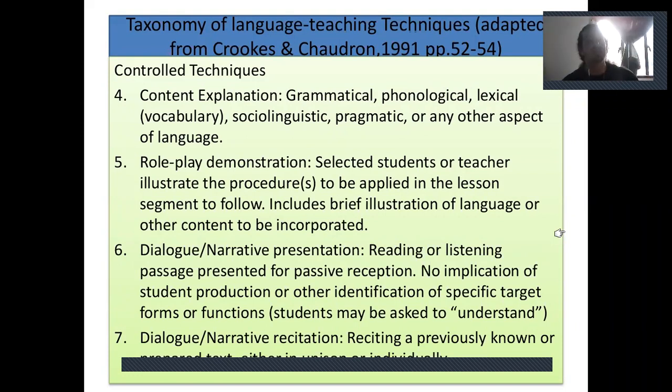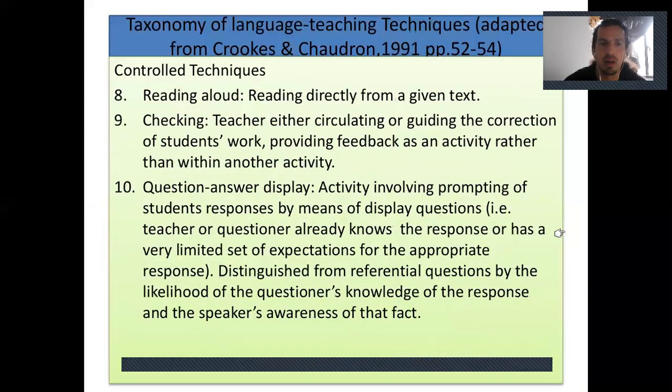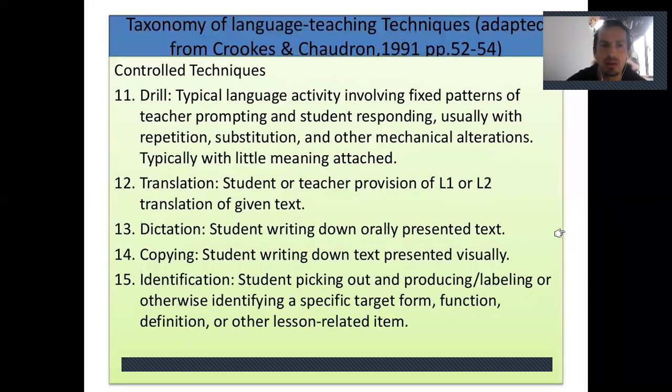Number six is the dialogue or narrative presentation, if required. Number seven, dialogue narrative recitation. Number eight, reading aloud. Number nine, checking. Number 10, checking answer display. 11, some drills.